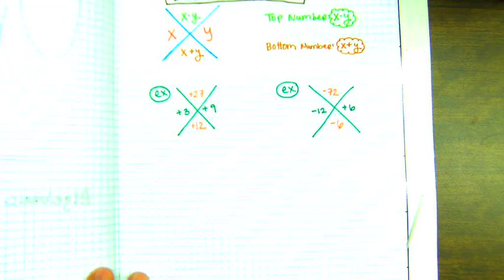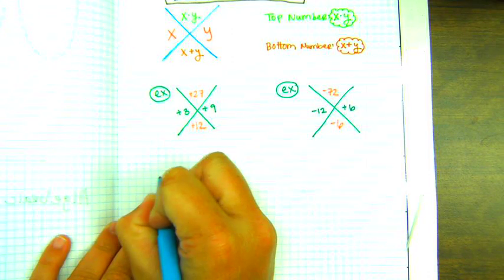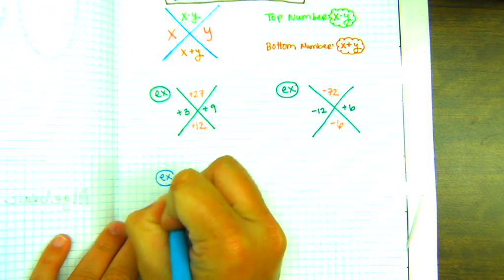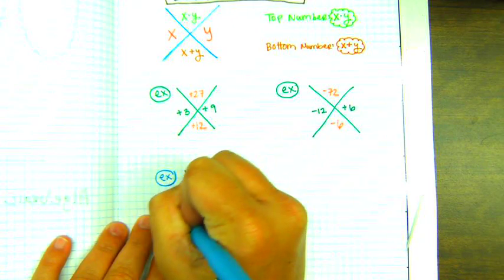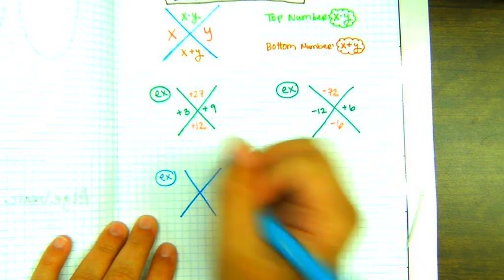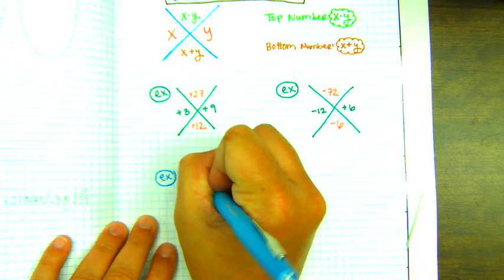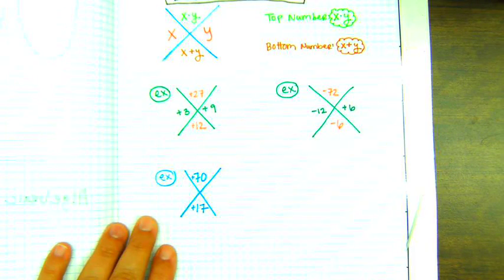But you could also be given the top and the bottom number. So let's do a couple of examples like that. So let's say I gave you 70 at the top and 17 at the bottom.